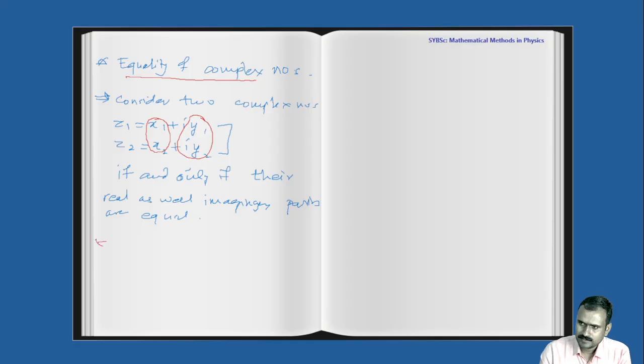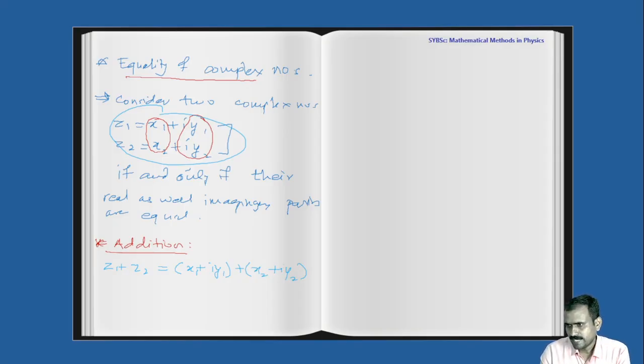Again, we can see the next algebra of complex numbers, addition of two complex numbers. Here we consider again these two complex numbers. We have to add z1 plus z2, that is, x1 plus iy1 plus x2 plus iy2.